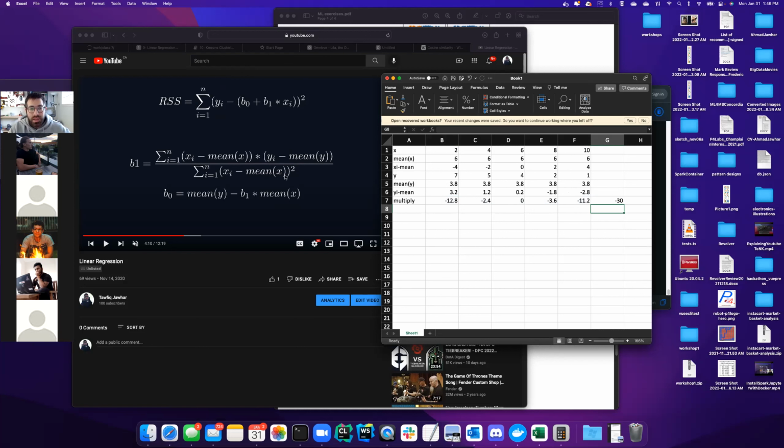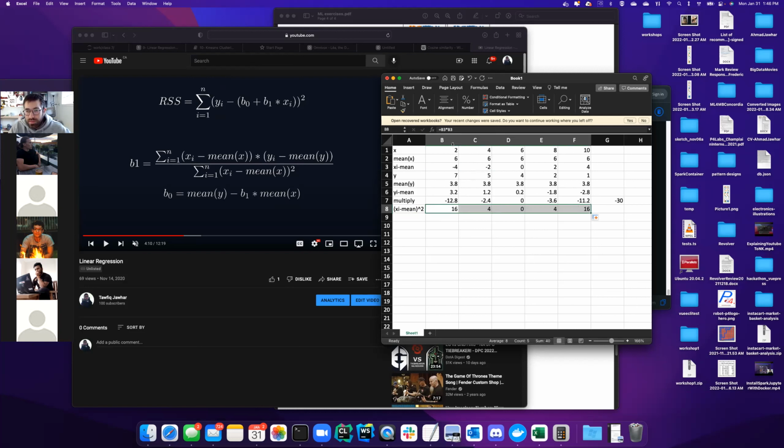And now we want to calculate the bottom part of the fraction. It's xi minus mean of x squared and summed for all the x's. So xi minus mean squared, which will basically be this multiplied by itself to get the square.